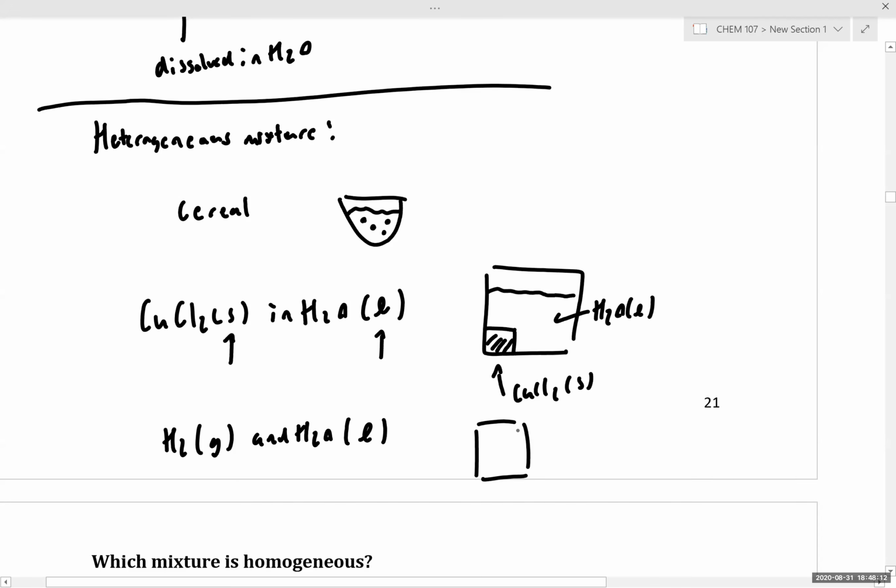So if we observe hydrogen gas in water, we'd have our water and the hydrogen gas we'd clearly see as bubbles. This would be another example of a heterogeneous mixture. In all of these cases, there's a clear difference in chemical composition and a clear difference in phase and physical state throughout our mixture. Yes, if you see two different phases, then it is heterogeneous.